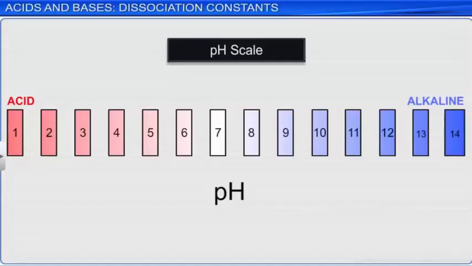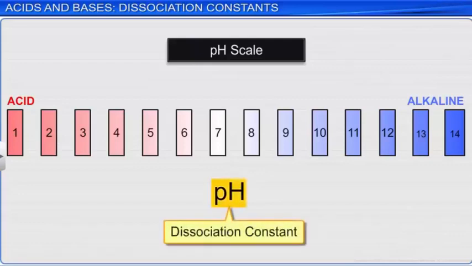The use of pH to indicate the strength of an acid or a base is limited as its value changes with the change in the concentration. As a result, chemists looked for a better alternative and found the dissociation constant to be a better tool than the pH scale to express the strength of weak acids and bases.